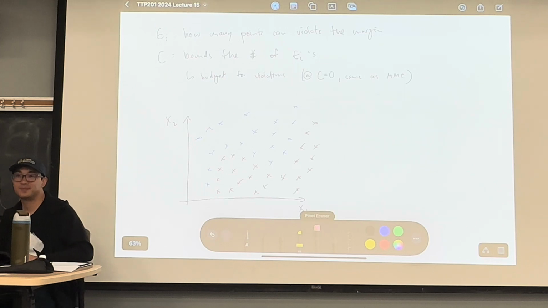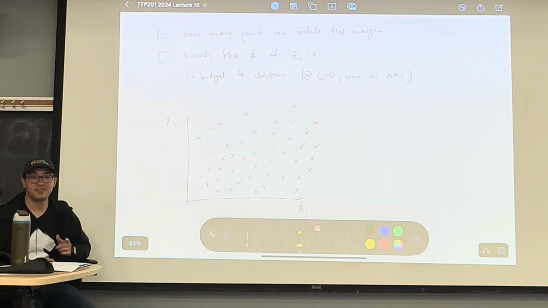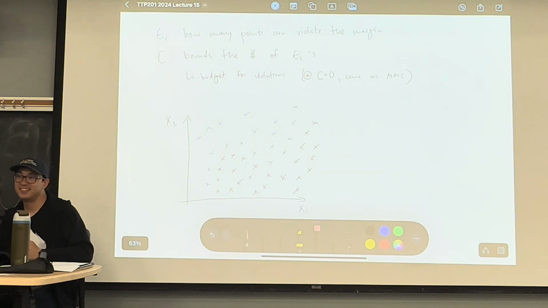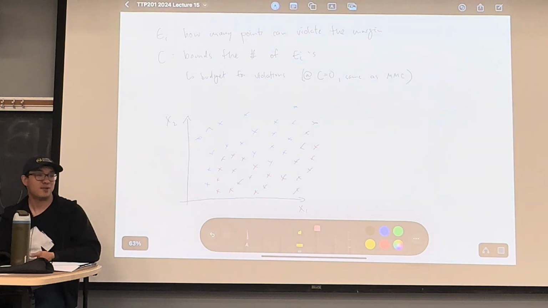What do you guys think? I see you nodding your head. Yeah. Sure, why not, right? Because now I'm allowed to violate the groupings. So I could draw, let's see, maybe something like this.